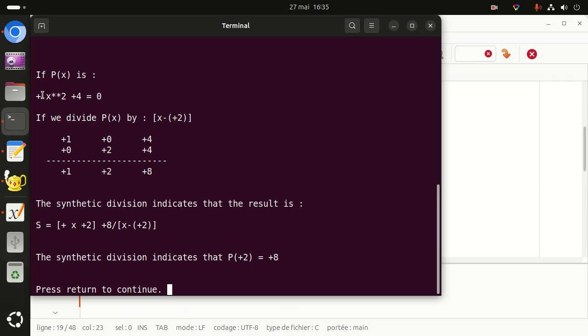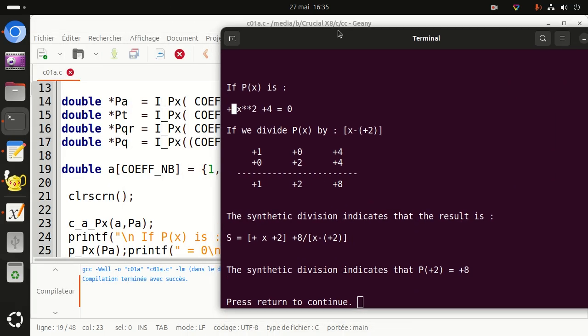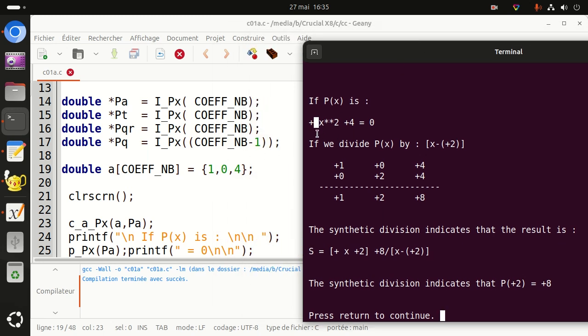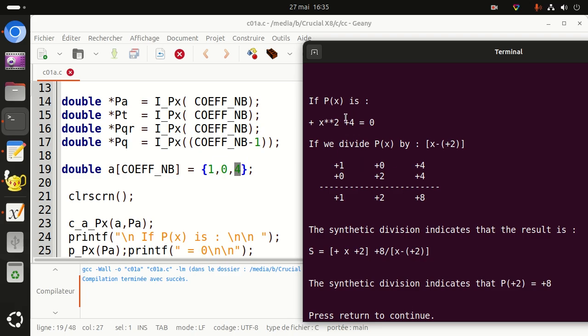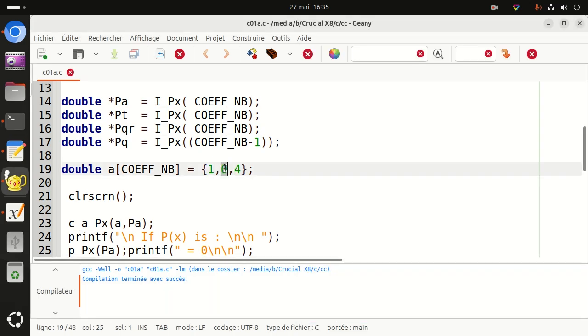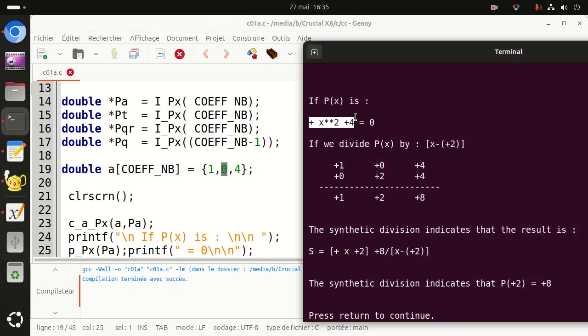This is the new polynomial. The coefficient of x squared is 1, the coefficient of the constant is 4, the coefficient of x is 0. Okay?